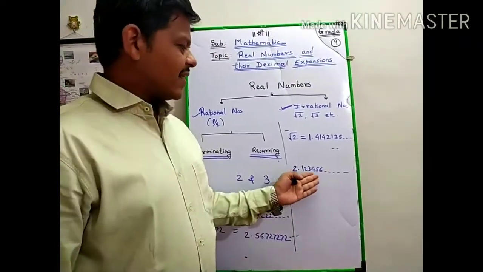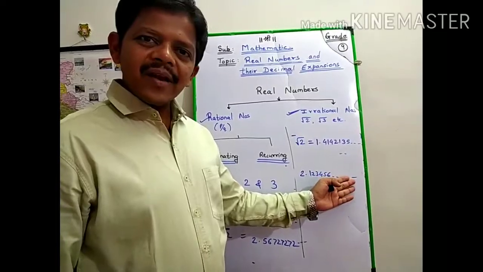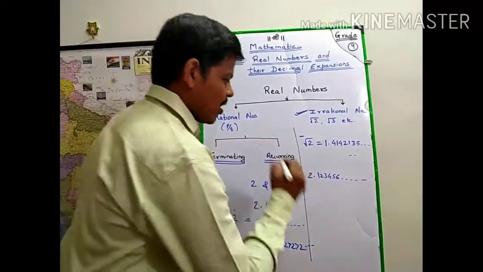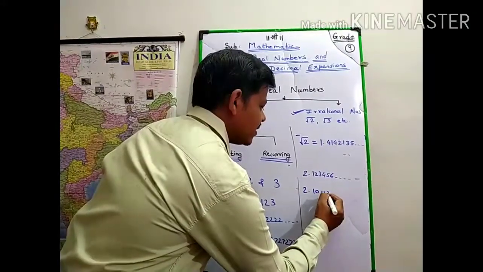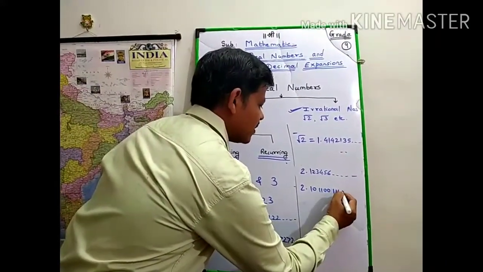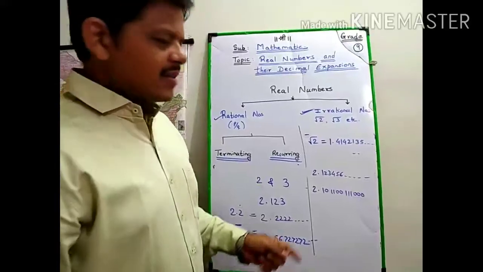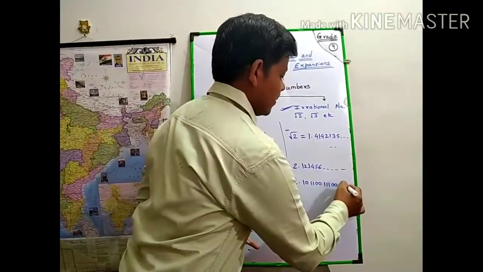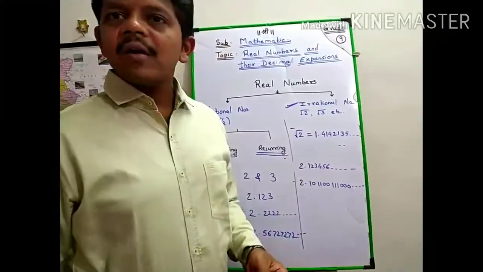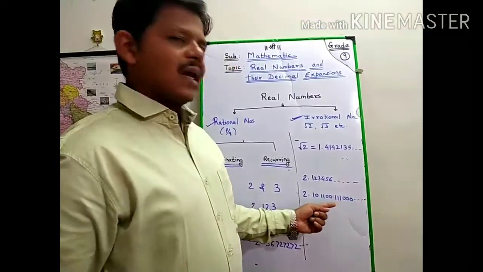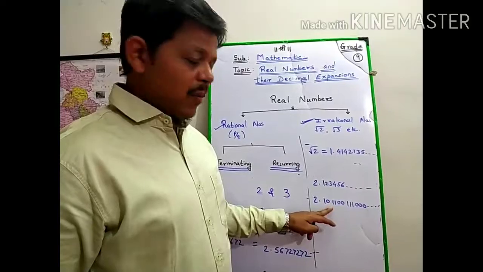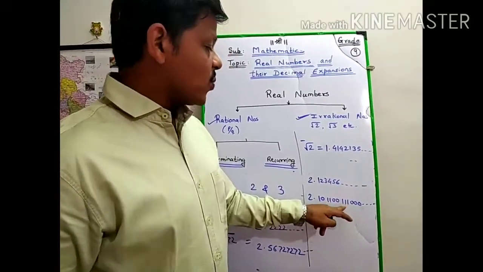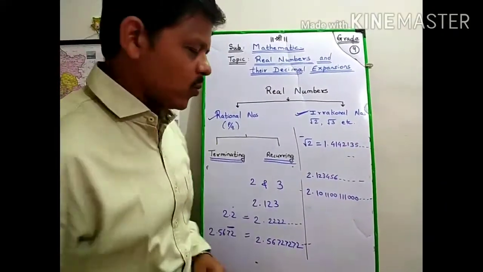No. Neither repeating nor terminating, so irrational. Or 2.10, 1100, 1,11,000, anything like that. And very important, the dot, because it should not terminate. Neither is it repeating. Here it is 10, but here it is 1100, here it is 11000. So nothing is repeating.